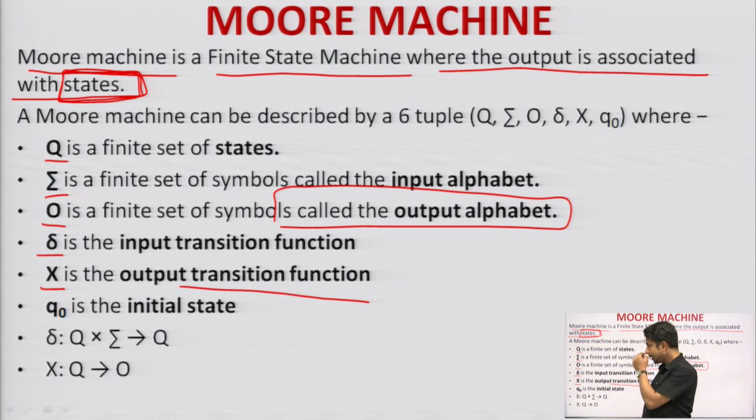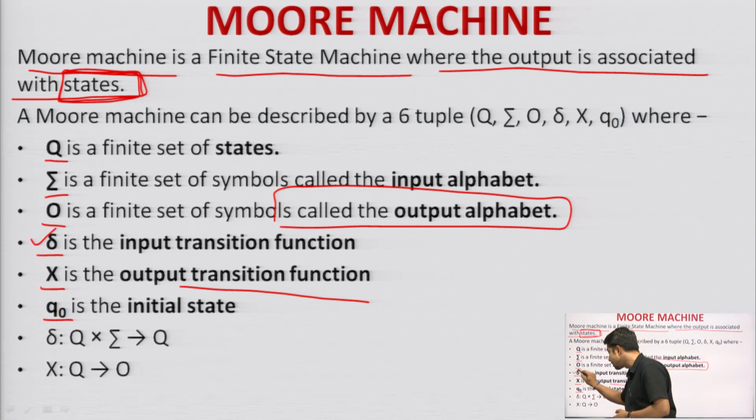In our previous diagrams, finite automata without output, that is DFA and NFA, we had a final state. Here we will not have any final state, rather we will have a final output, or we say output alphabet. Next comes Q naught, the initial state, and then finally we can define the input transition function and the output transition function.